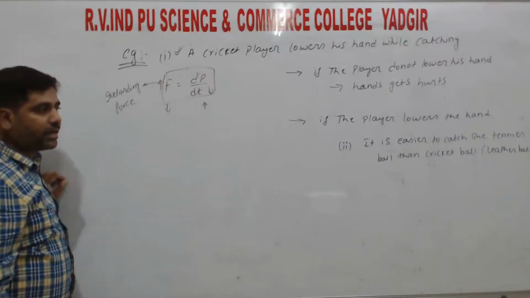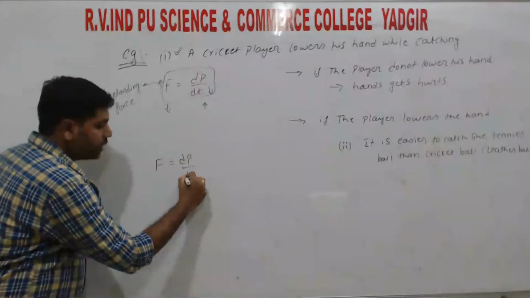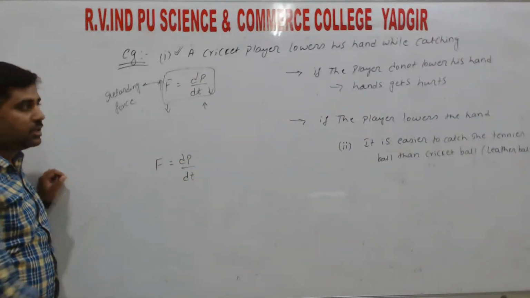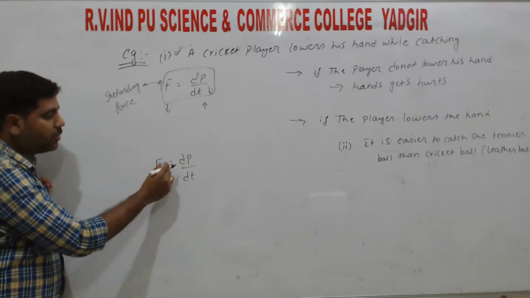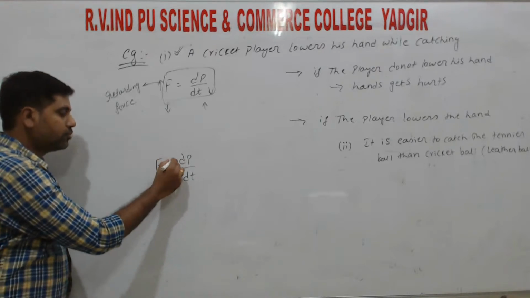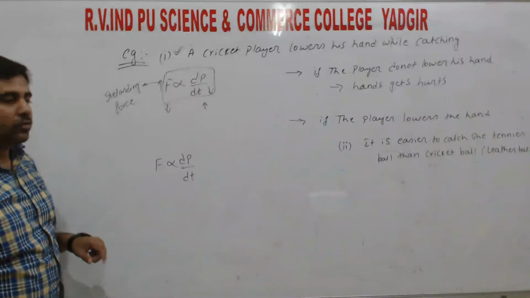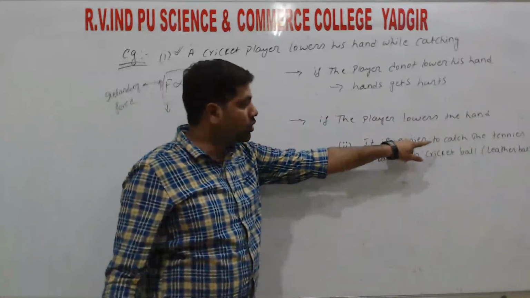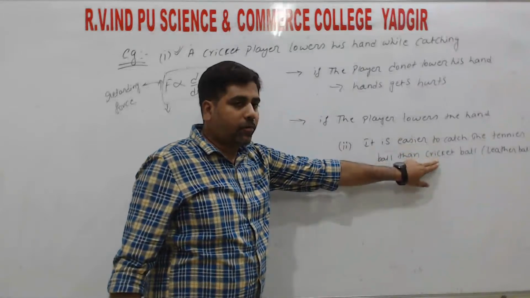Now the same second example, we are going to discuss dp by dt, right? That is, the rate of change of momentum is directly proportional to force. Here they are saying it is easy to catch the tennis ball than the cricket ball or leather ball.